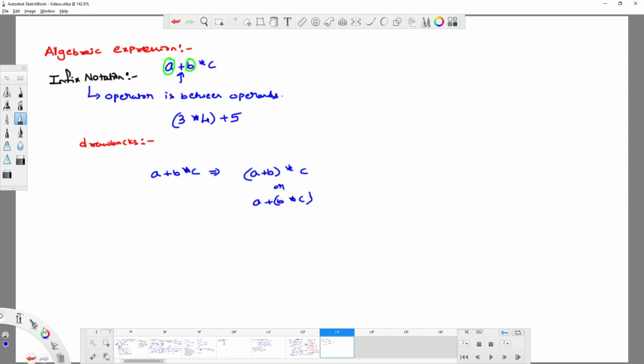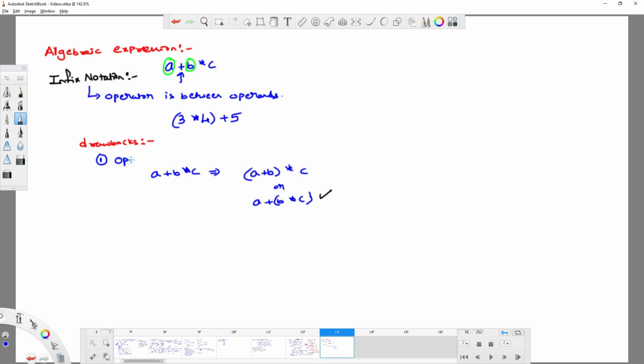Definitely, as we are all educated, we know we have to consider the second: you have to give precedence to B into C, the multiplication of B with C. So if the expression contains more than one operator and we cannot use any parenthesis, then there will be confusion with the operator precedence.